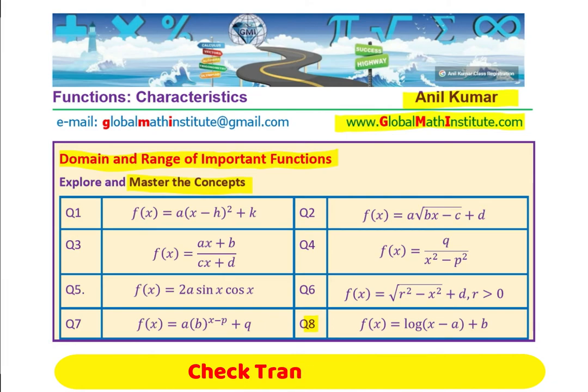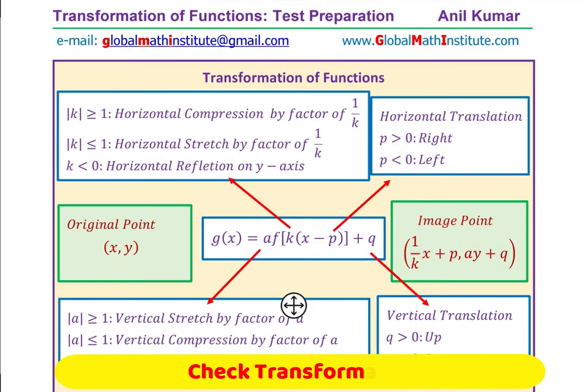Now, before getting there, let us just review what we learned in transformations. Generally, a function is transformed over the parent function, and we have a few parameters. A times f, the a outside, relates to vertical stretches, compressions, and reflections.